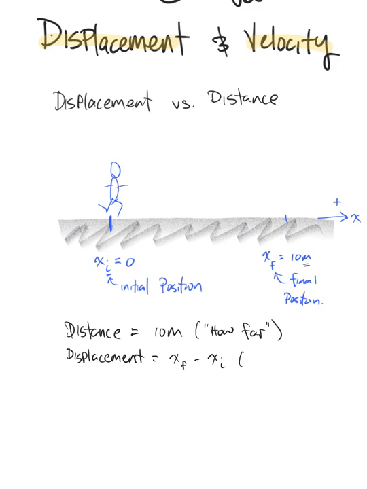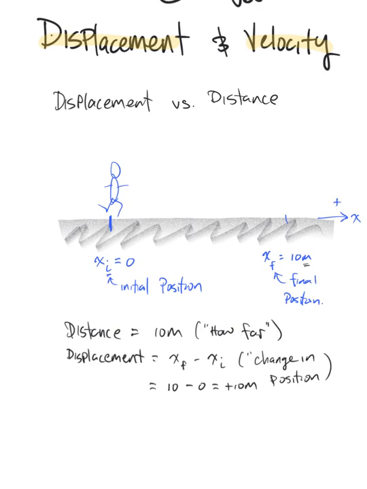So rather than how far, this we could say is the change in position. Now, what's the change in position here? Well, in this particular case, it is 10 minus 0, which is positive 10 meters. So in this particular case, they yield the same answer, right? The distance is 10 meters and the displacement is 10 meters.